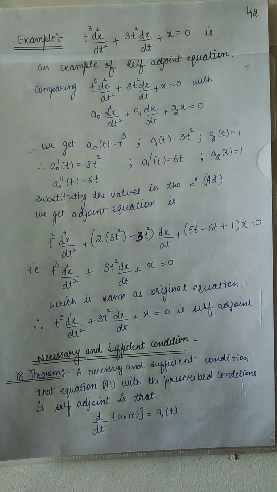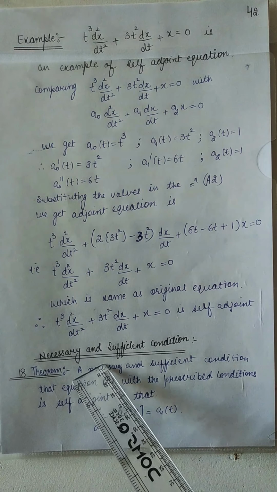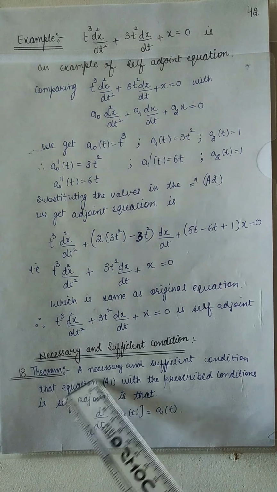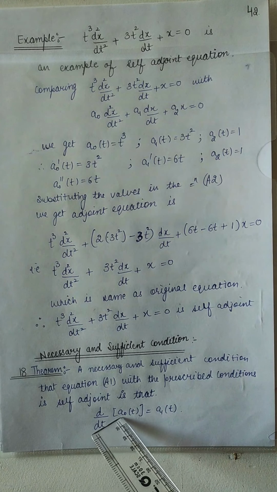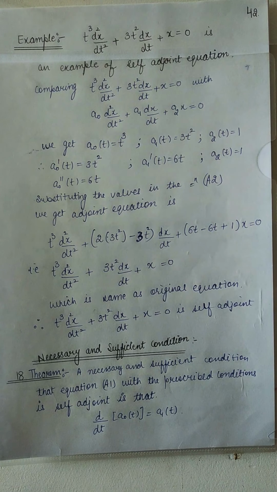A necessary and sufficient condition for equation A1, with the prescribed conditions, that is a naught and its double derivative are continuous, the first derivative of a1 is continuous and a2 is continuous. Then the necessary and sufficient condition that equation A1 becomes self-adjoint is that d by dt a naught t is equal to a1 t.